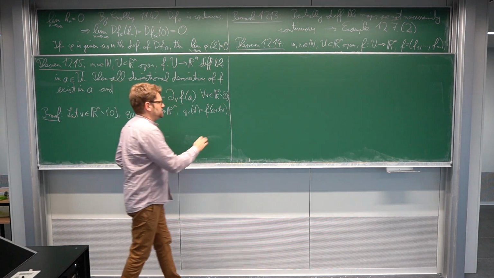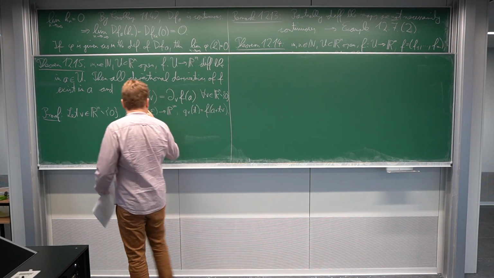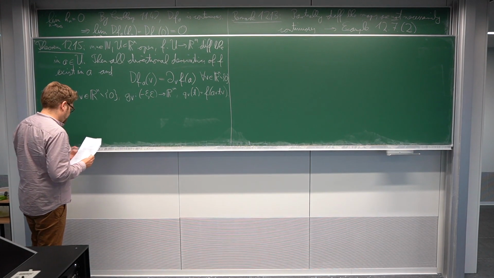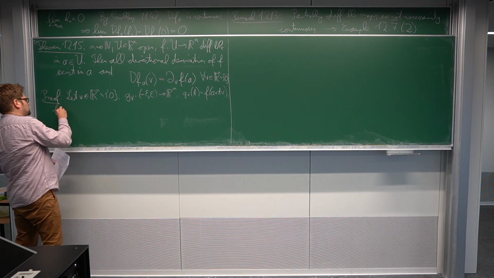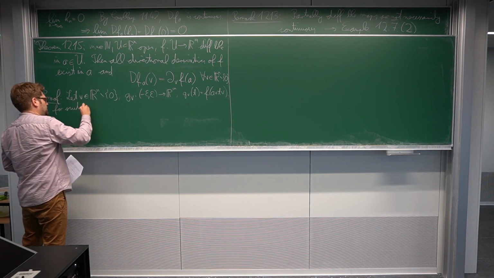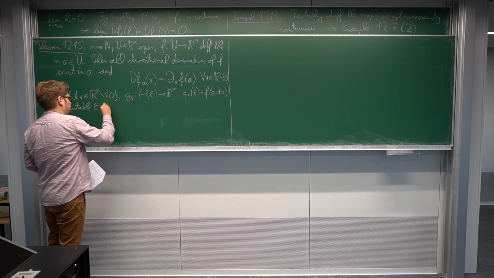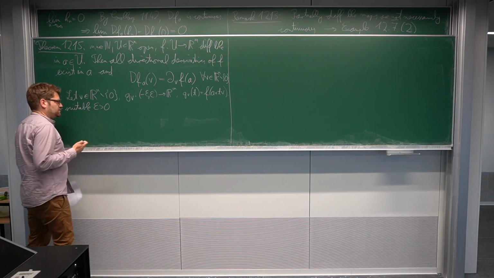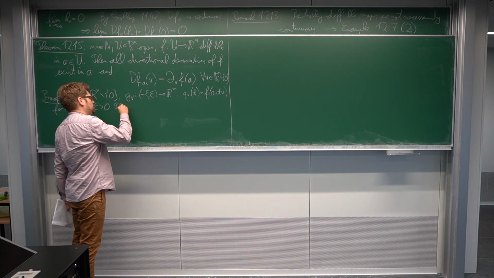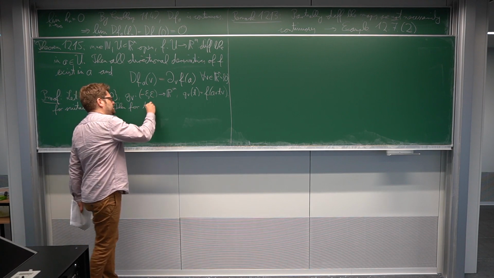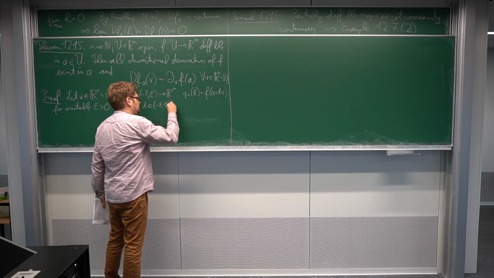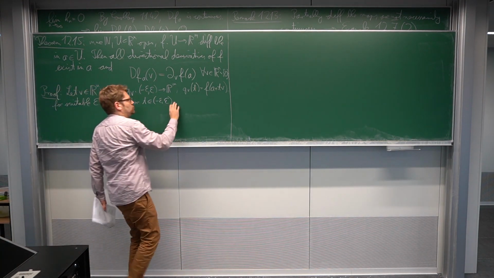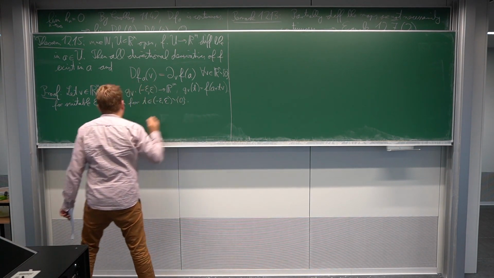So this map, the directional derivative, is formally defined as the derivative of this at 0. So what does this mean? If we now insert, so let me just write, for suitable epsilon bigger than 0, then if we take a look at the quotients which define the derivatives here, for t in (-epsilon, epsilon) without 0, we take a look at the corresponding quotients.